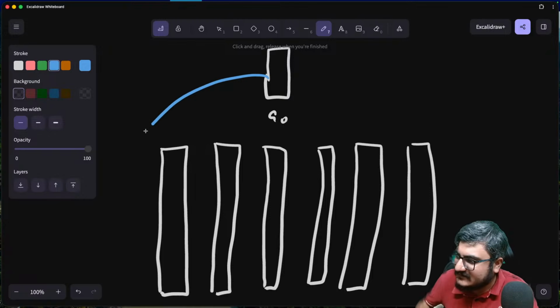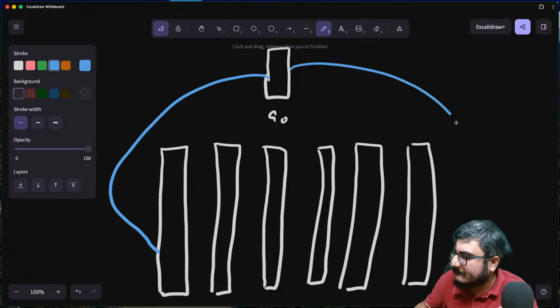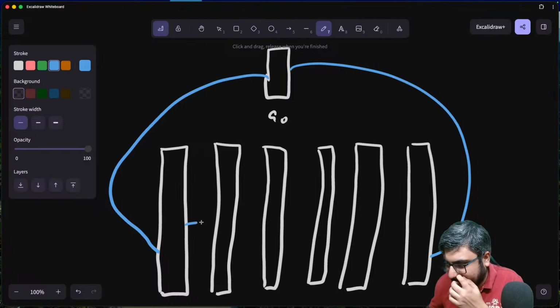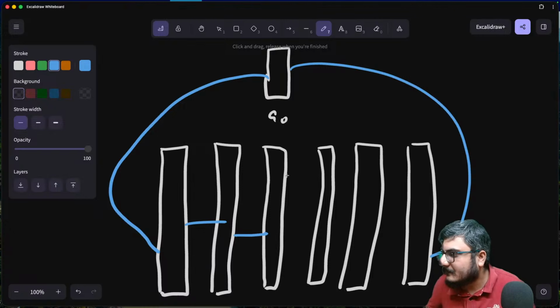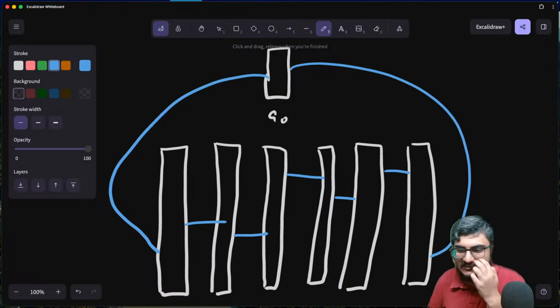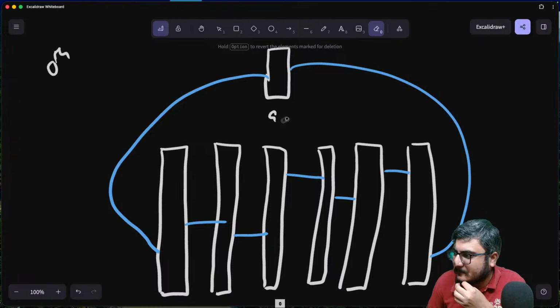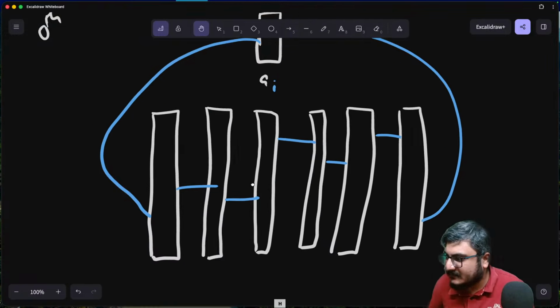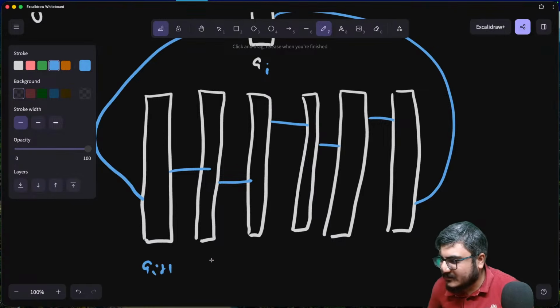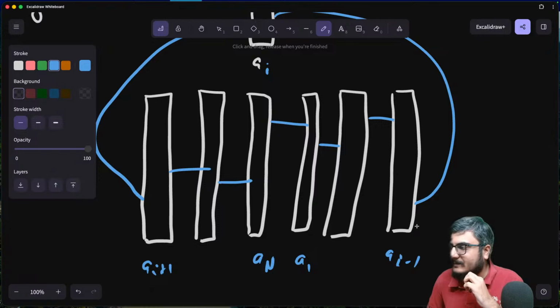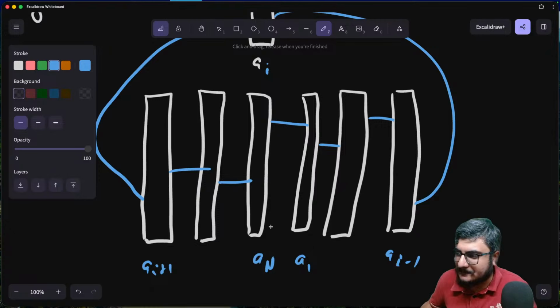All of these are connected at some height, and so on. Let's say this is our AIth pipe. This is AI plus 1, up to somewhere we have A1, and then A1 up to AI minus 1 again starts over here. Now my overall idea is to try to fill wells from one side or the other.